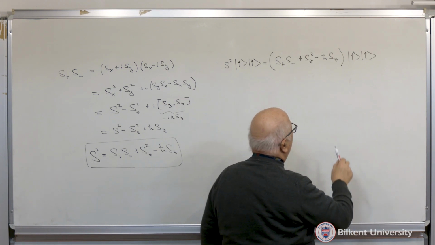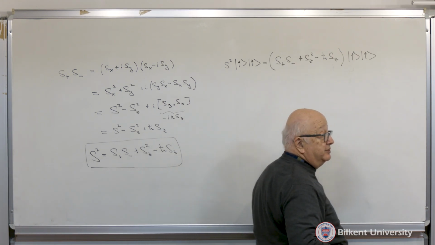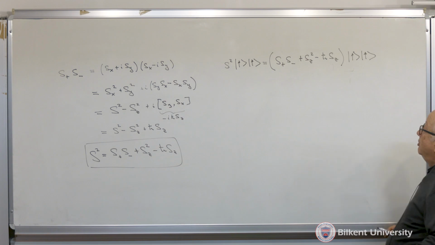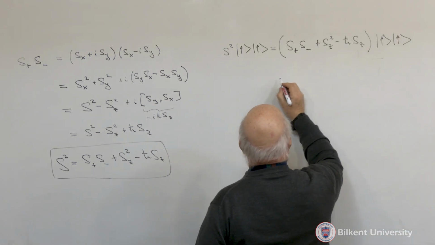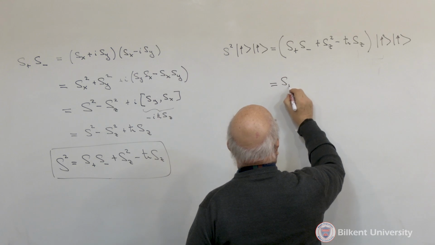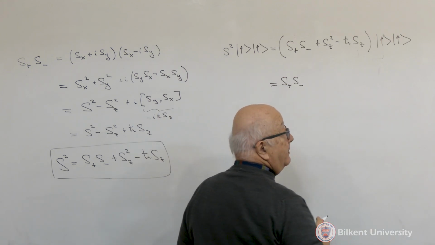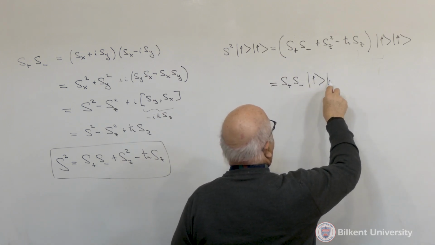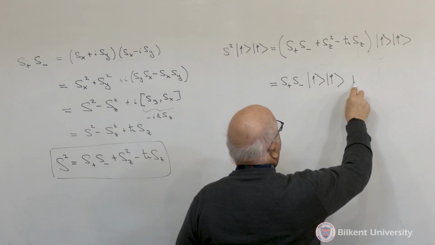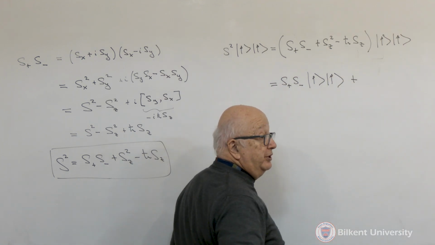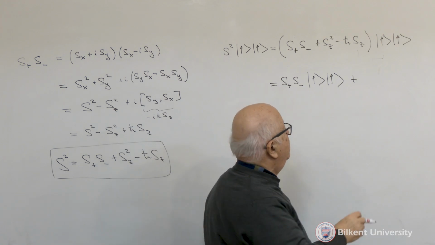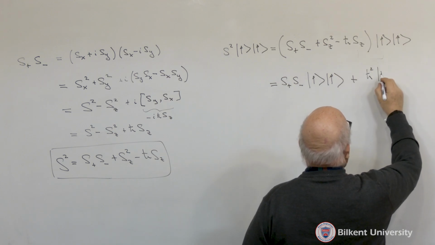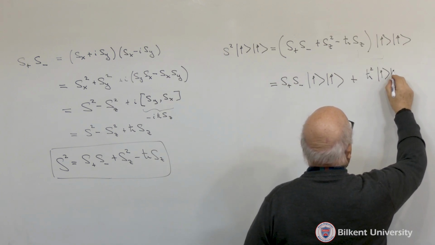But now we know what S_z operating on that is, because we calculated that over there, right? So what do I have? I'm going to get the first term, which we have to work out, S plus S minus, and up, plus, what is S_z squared operating on that? ħ squared and up, right?